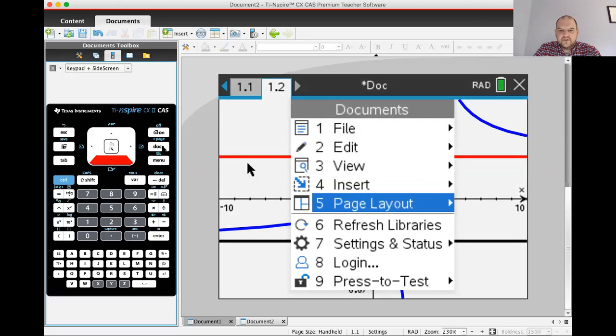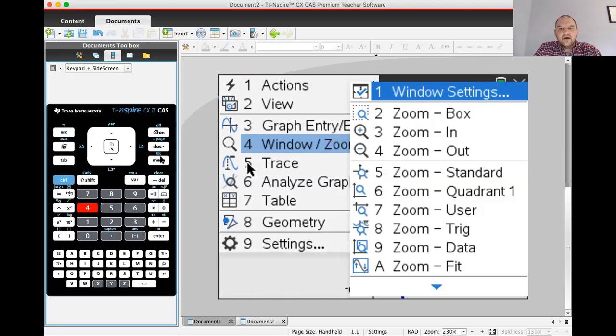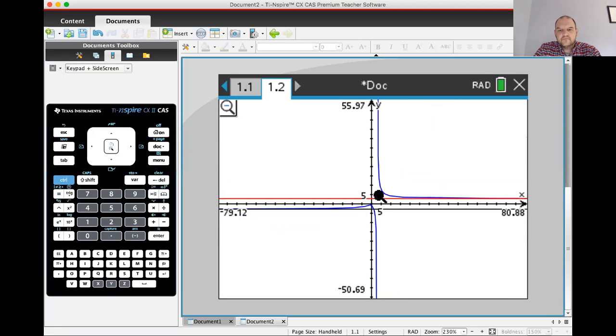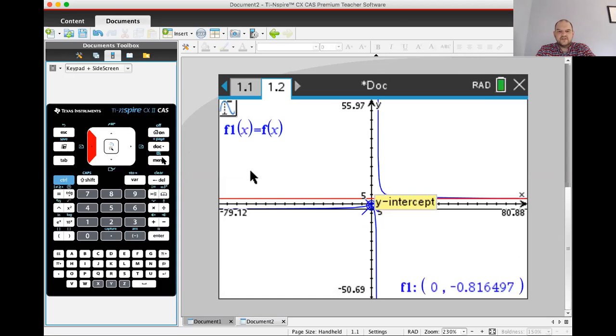That's a good one to look at, which we have looked at before, so maybe you remember that. Zoom out. And then, I don't know, look at it. See? Definitely. Let me trace. Menu 5, enter. I'm going to trace to the left. And you can see we're definitely approaching this line.